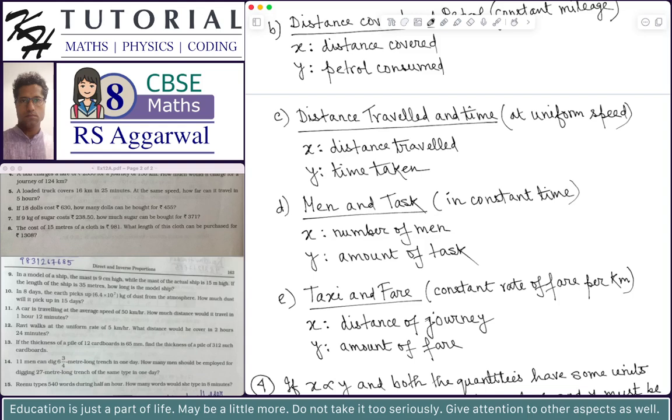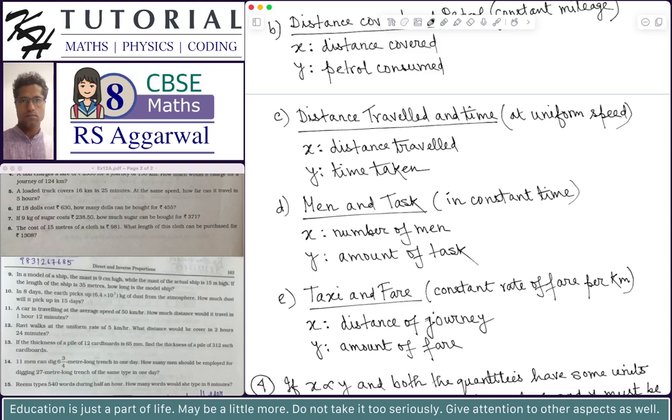So if the time is kept fixed, for 1 day or 12 hours or even 1 week or 1 month, then the number of men and the amount of task will be in direct variation. So if you consider x as the number of men and y as the amount of task completed, then x and y will be in direct variation.